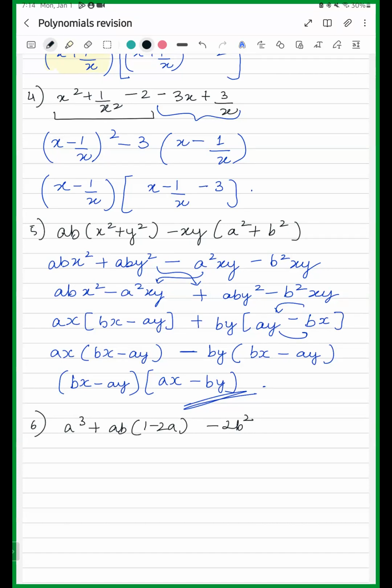So let's open this bracket that we have in the middle. So we have a cube plus ab minus 2a square b minus 2b square. This is a cube only, no?